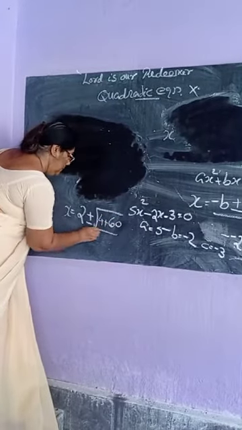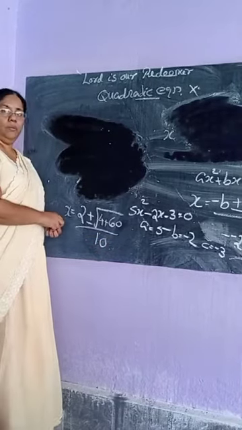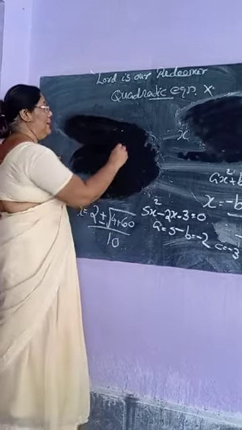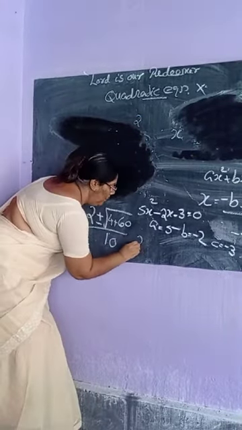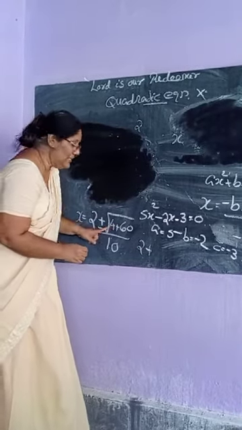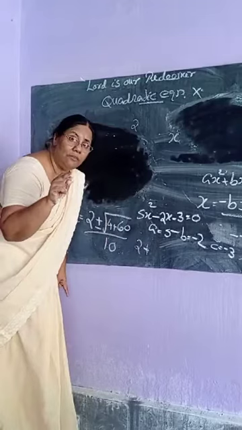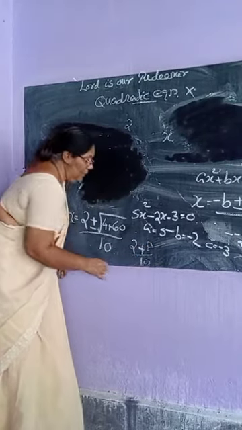Yes, 60. The whole by 5 into 2, 10. Two values are there. That means 2 plus root of 60 plus 4. What is 60 plus 4? 64. What is root of 64? 8.